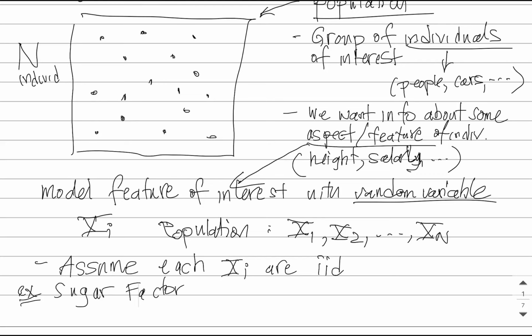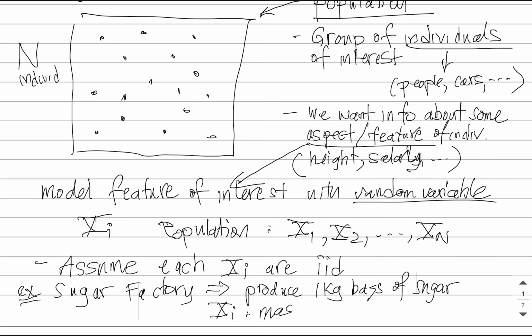You could think about a sugar factory, and a sugar factory produces 1 kilogram bags of sugar. Okay, so every bag that gets produced by the sugar factory, we could say that Xi will be the mass of that bag.